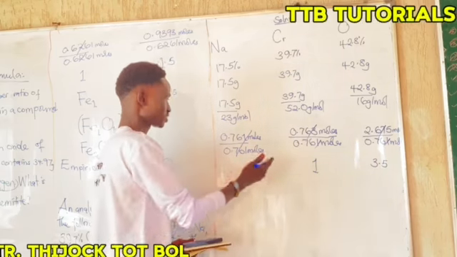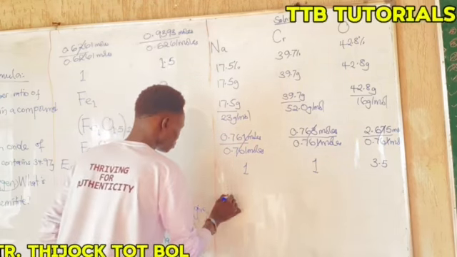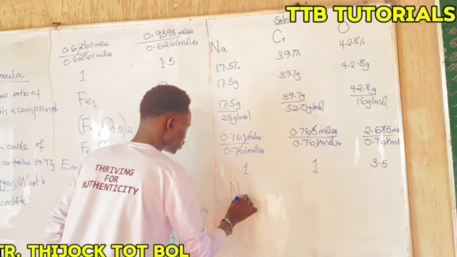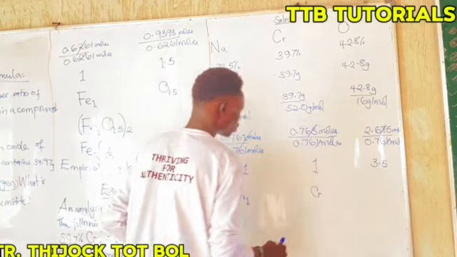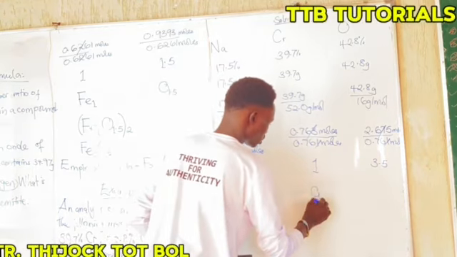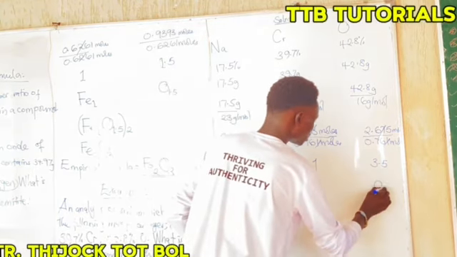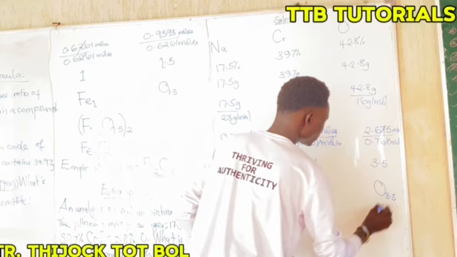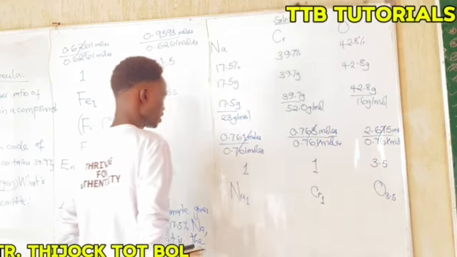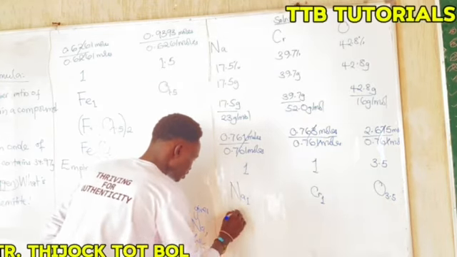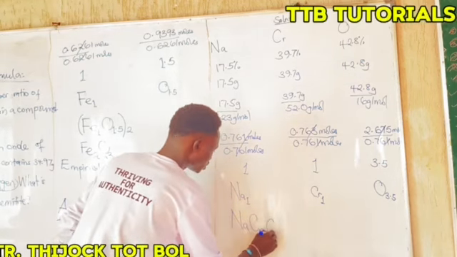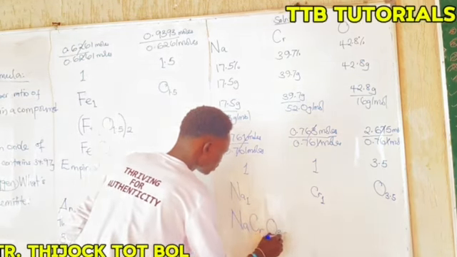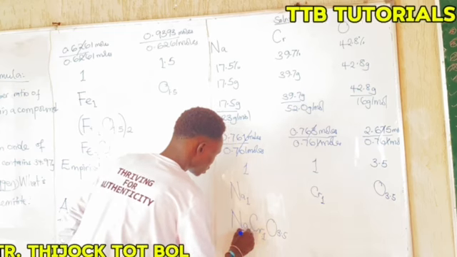So now here we have sodium, which is 1. Then we have chromium, which is 1 also. Then we have oxygen, which is 3.5. Then you write these elements together: oxygen 3.5, this one's 1, this one's 1.